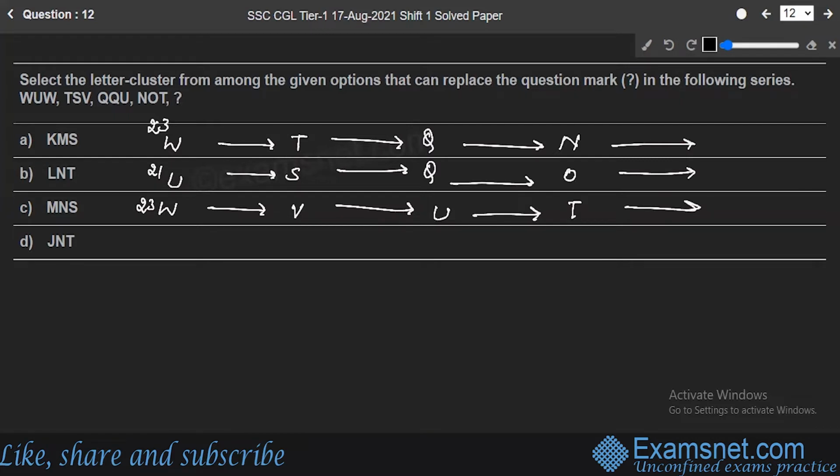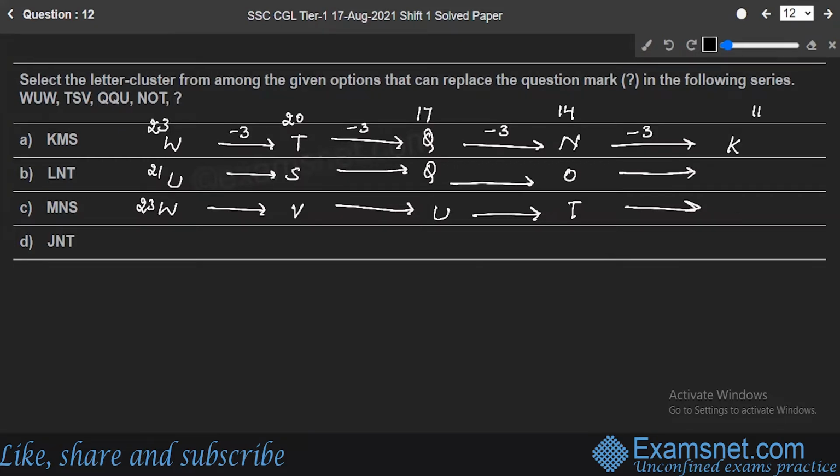So we'll be writing down the place value of all these alphabets. T position value is 20, Q position value is 17, and N is at 14. So you clearly see we are having -3, -3, -3, then obviously -3 over here. 14 minus 3 will give you 11, and the alphabet at 11 is K.